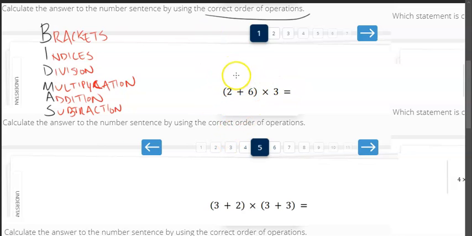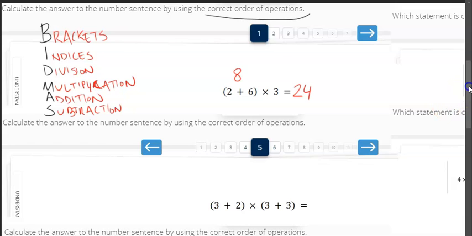So 2 plus 6 is 8. Then we go through the order of BIDMAS afterwards. Indices? No, there are no powers. Division? No. Multiplication? Yes. In this case we have 8 times 3, so the answer is 24.